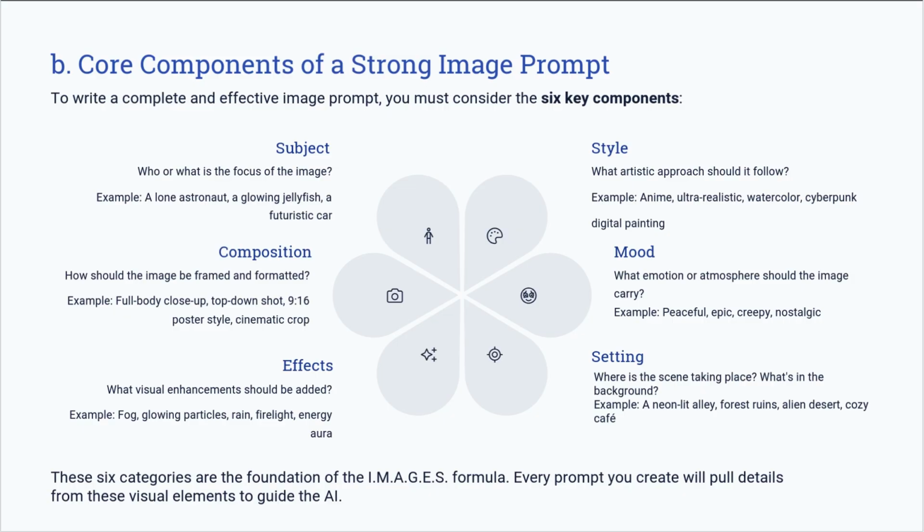Things that give the image a vibe. And finally, composition. How do you want the image to be framed or formatted? Full body close-up, top-down shot, a vertical poster crop? This affects the overall structure. All 6 of these components are the foundation of the IMAGES formula. When you include these elements in your prompt, you give the AI exactly what it needs to create something stunning.